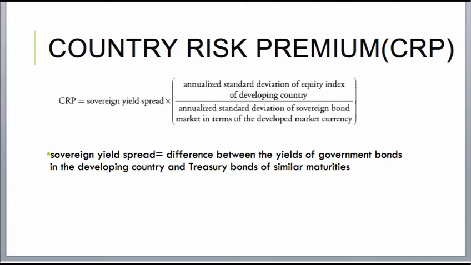Second, the equity risk in a developing country can be reflected by the ratio of volatility between the country's equity market and its government bonds market in terms of the developed country's currency. As we know, generally, we can use the standard deviation to measure the volatility of certain assets. So this is the conceptual framework behind this formula.